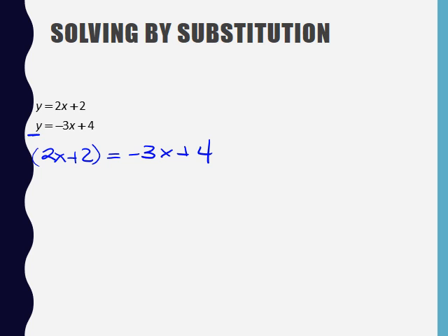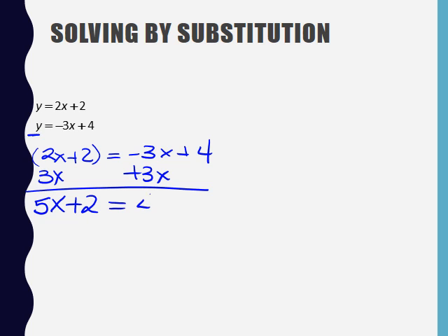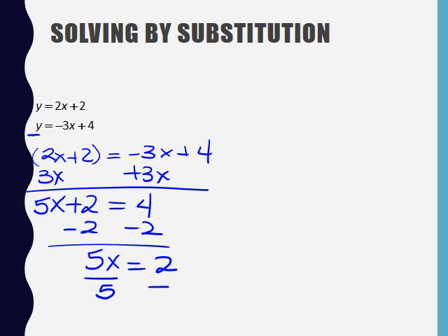Again, I now have an equation in one variable, so I can solve that by adding 3x to both sides. And I get 5x plus 2 equals 4. If I subtract 2 from both sides, I'm going to get 5x equals 2. And then if I divide by 5, x equals 2/5. And we're going to leave it as a fraction.